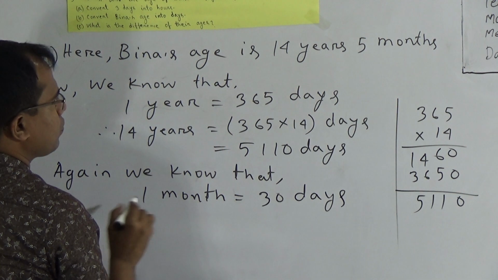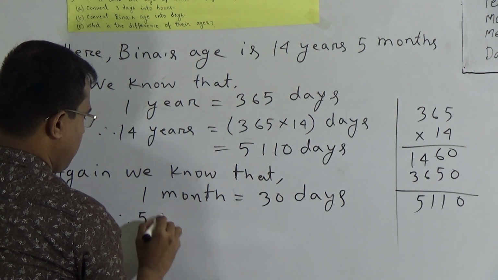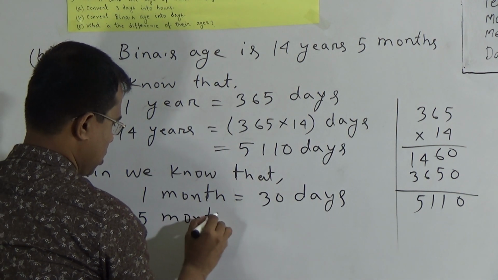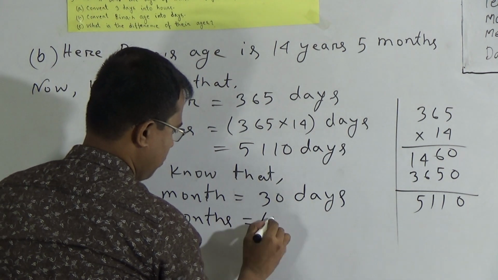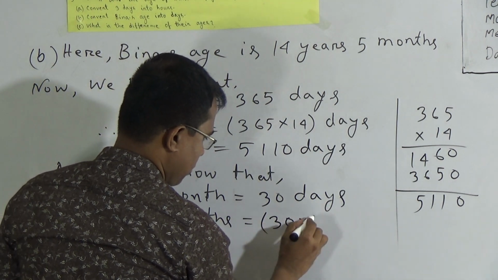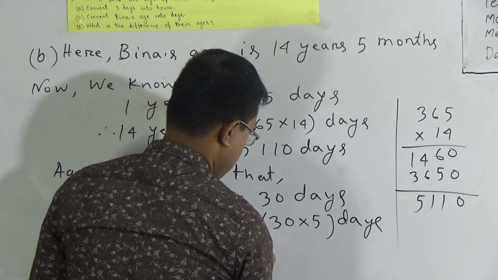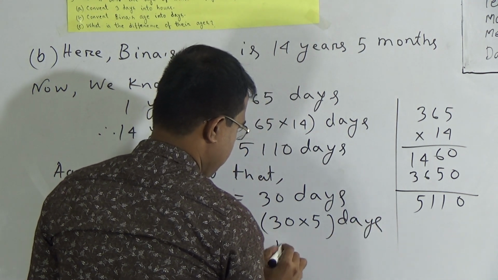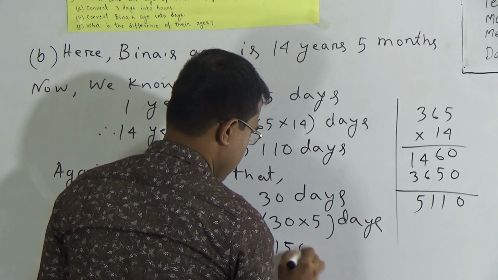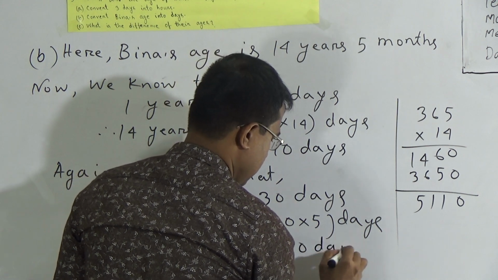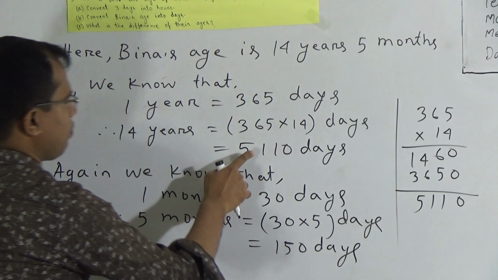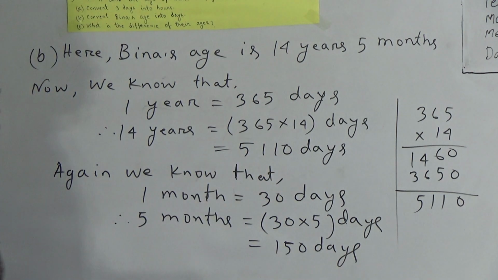Therefore, 5 months is equal to, it will be 5 times of 30, 30 multiplication 5 days. If we multiply 30 by 5, then 3 5s are 15 and another 0 will come, so it will be 150 days. Now we have to add 5110 with 150 days, then we will get the answer.